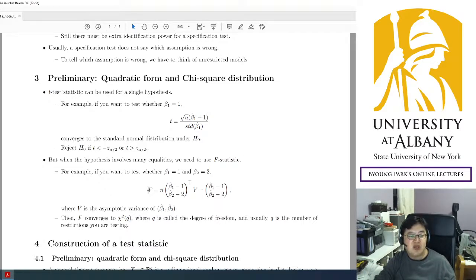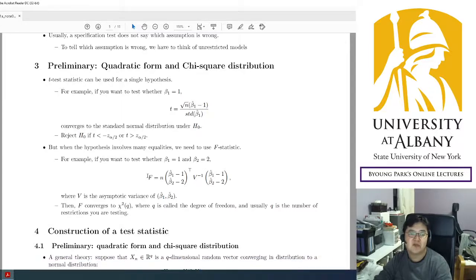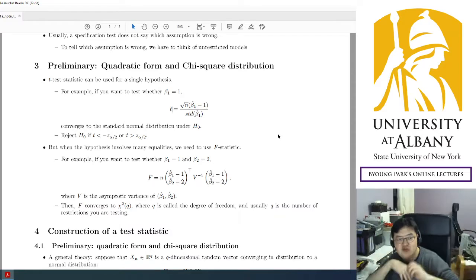And then we are going to use this type of quadratic form. F statistic is written as, so suppose that you are testing beta 1 equals 1, beta 2 equals 2. And then you may have two t-test statistics, but they are separate. And also you have to consider their covariance.